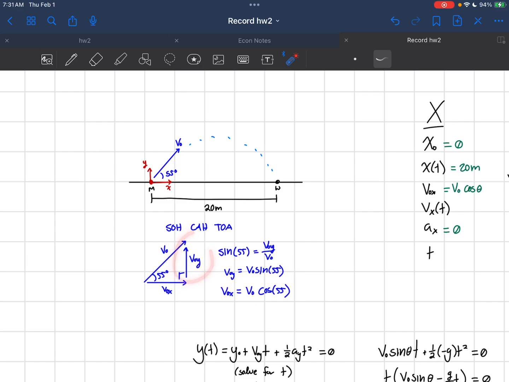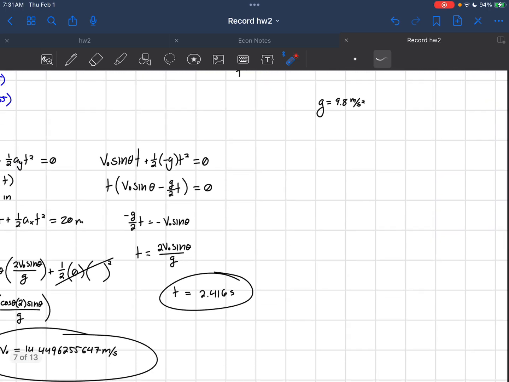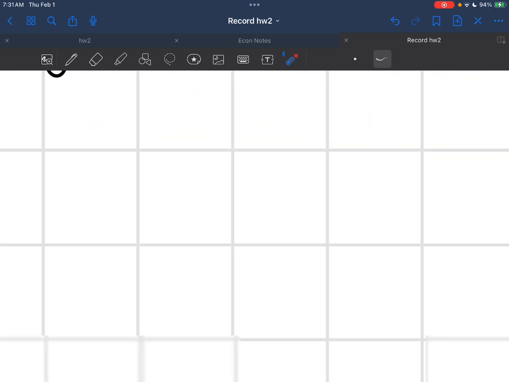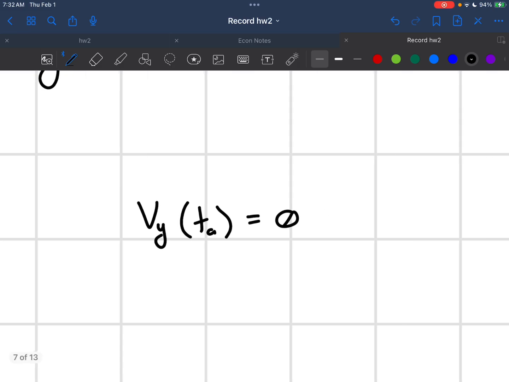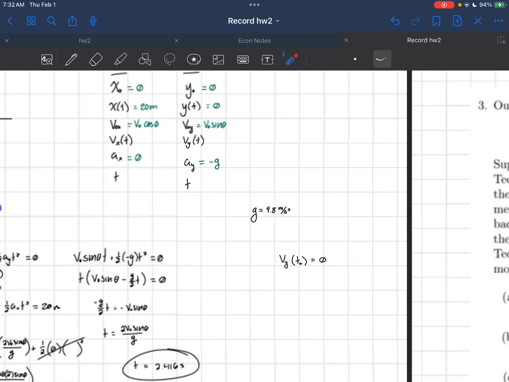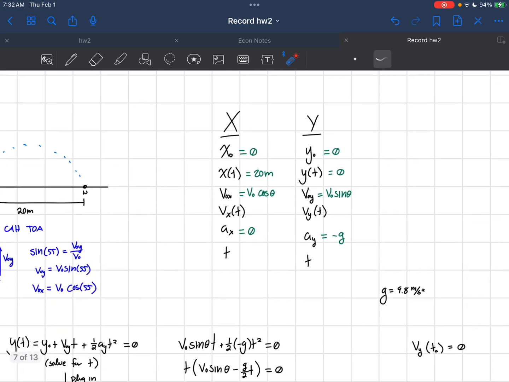So how do I know that I'm at the apex? It's when it switches direction. So it'll switch direction when Vy of this new t, I'll call it TA for t apex, equals 0. So how fast was the ball traveling at the apex of the flight is what is the value of v at the time when Vy equals 0.